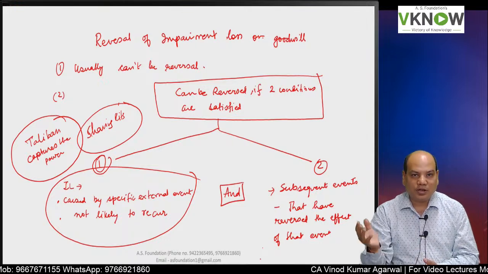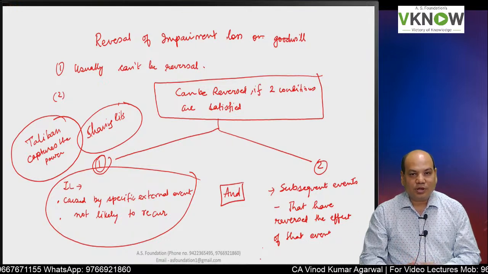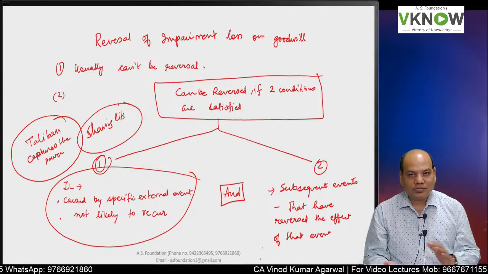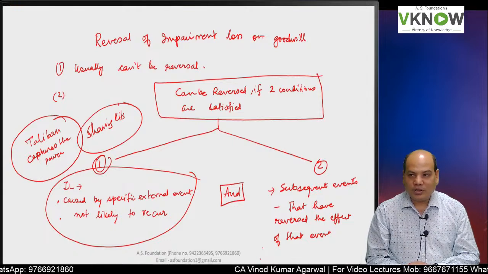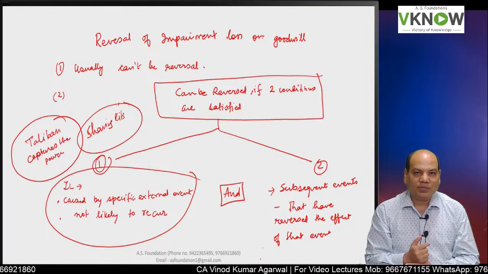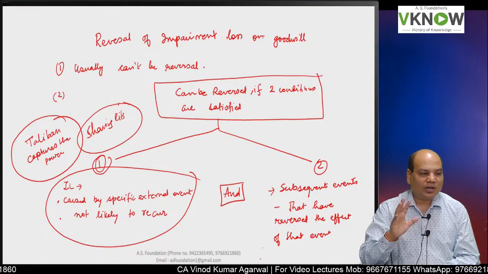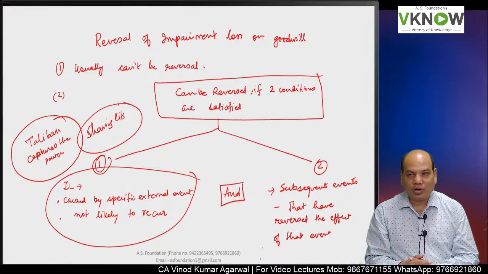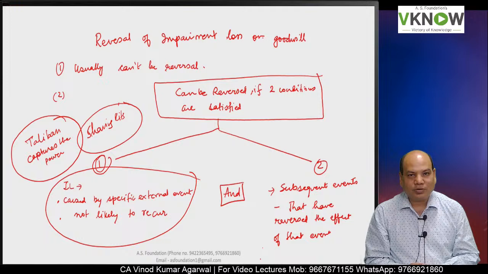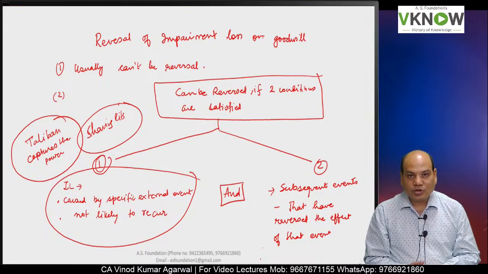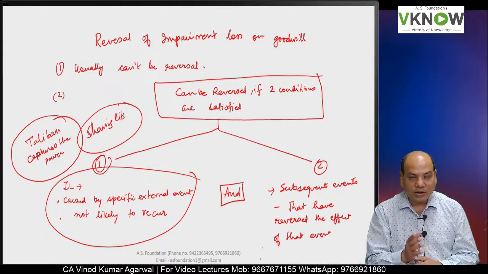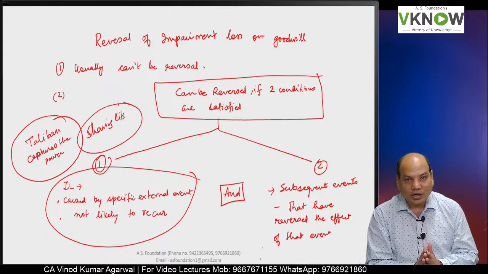But then after 3 years, a new, more liberal government came to power. It says, we will remove the ban imposed on shaving by the previous government. That Taliban does not exist anymore; they have been thrown out. So the subsequent event has reversed the effect of the earlier event, and that earlier event is not likely to occur again.